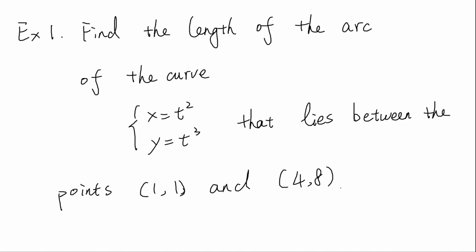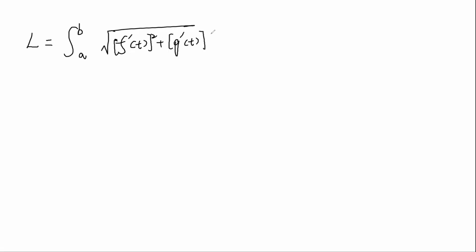So this is a parametric equation, and apparently we need to use the first formula. L is equal to the integral from a to b of the square root of f prime of t squared plus g prime of t squared dt. And it's very straightforward.